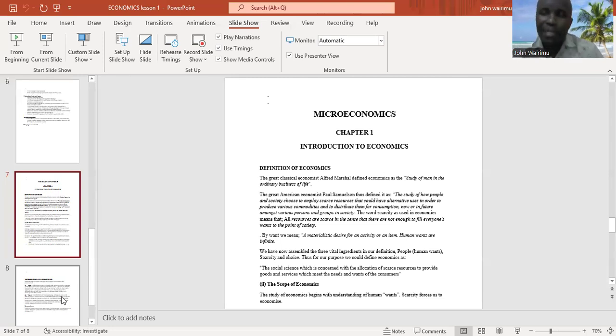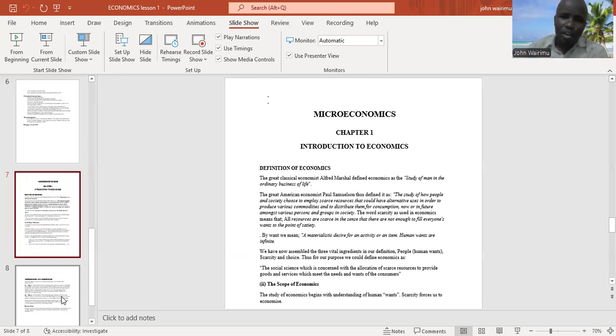Ordinary business means how a human being interacts within him or herself. When the business term comes in is when finances are now involved. So according to Alfred Marshall, a study of man in the ordinary business of life is economics.